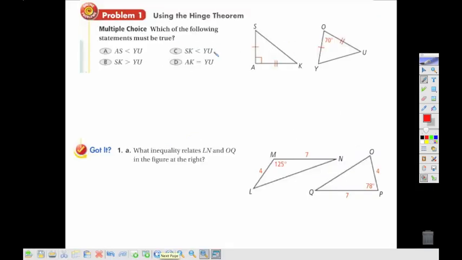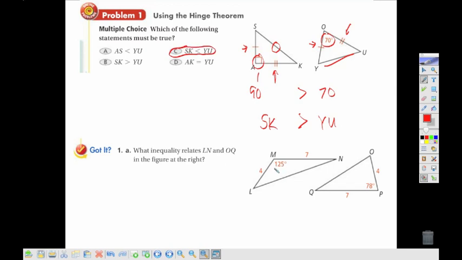So to use this, where you want to know which of these statements will be true, notice first of all that we have two sides the same, and then we're looking at the included angle. Since this is a 90-degree angle, and that's greater than 70, it tells us the side across from that, SK, will be greater than the side across from this, which is YU, which would give us C. Also if we wanted to look at this one here, we have 125 and 78.